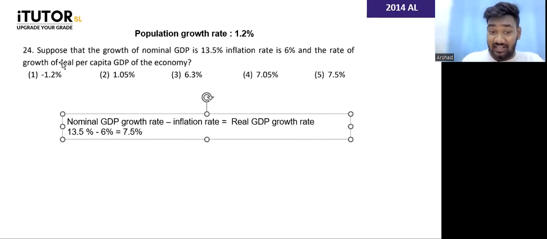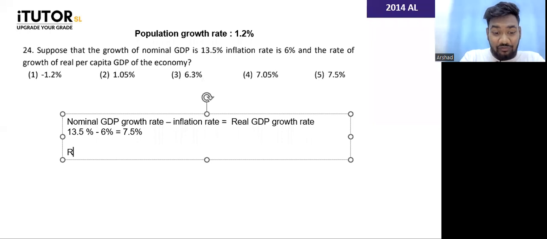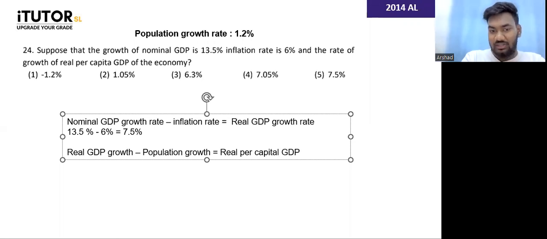They are asking not the real GDP, but real per capita GDP. So from the real GDP growth, if you minus the population growth, you get the real per capita GDP growth rate.